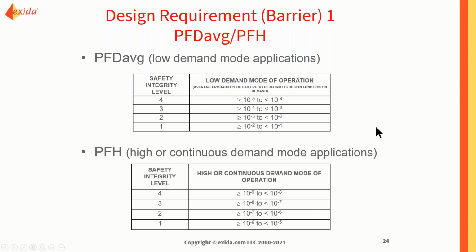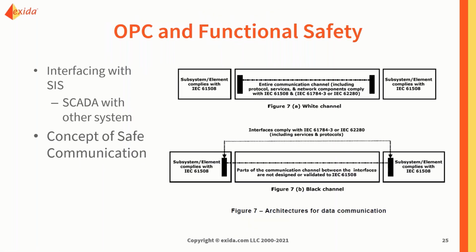So how exactly is OPC related to functional safety? A lot of the time, because OPC is software, the way it interfaces with the SIS is when you have a SCADA system or another kind of system that needs to interface with a particular safety system.